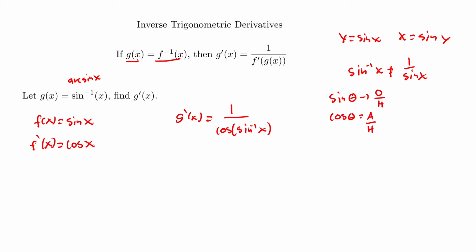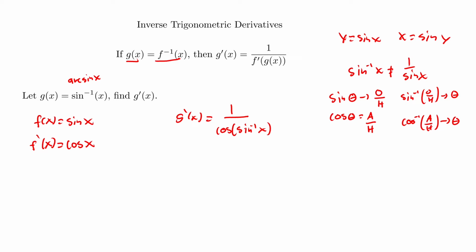And the way the inverse trig function works is that if I take the sine inverse of some opposite over hypotenuse, I get out an angle. Likewise, if I take a cosine inverse of some adjacent over a hypotenuse, that will also give me an angle. So the way we simplify this denominator is to think about this geometrically.